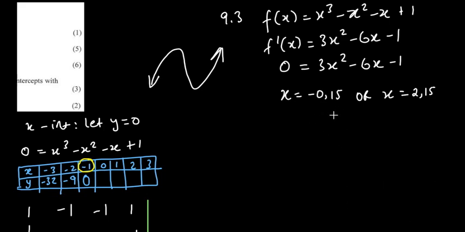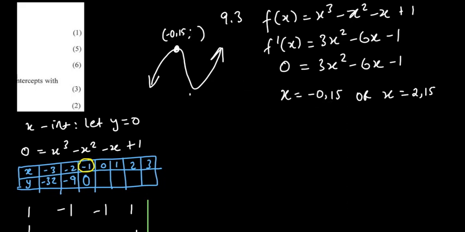So now we're going to get the corresponding y values. So how are we going to get them? We have to substitute these x coordinates in the graph, because remember, you have 2 turning points. This one will have negative 0.15, because remember, the smaller x value is on the left all the time.